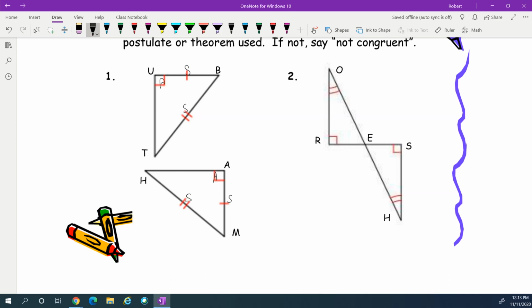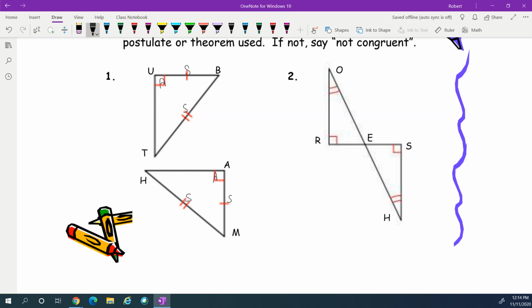Now, again, just because it's a right triangle doesn't mean that it's going to be HL. So I'm identifying them. Now I have to stop and think. Well, it's not 2 sides and the angle between them, and we don't have an ASS or an SSA rule.